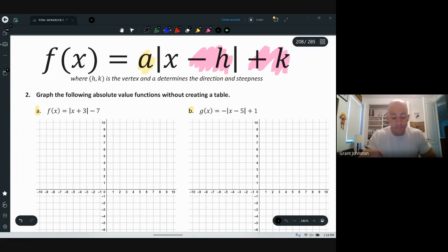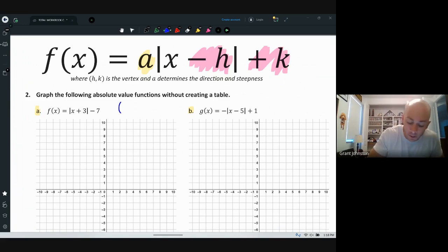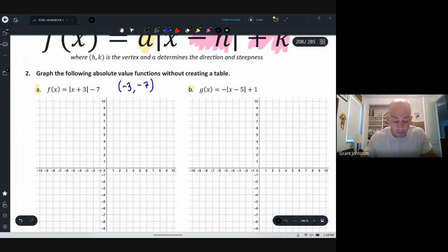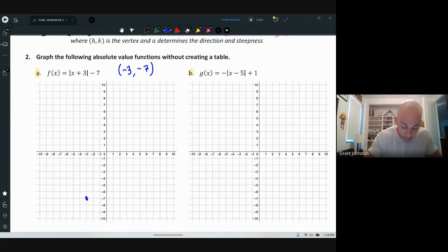The vertex is the opposite of the +3, which would be -3, and then -7, that would be the vertex. So here. And then the slope, whoops, I plotted that way wrong. What am I thinking? -3, -7 is down here. And then the slope is just 1.